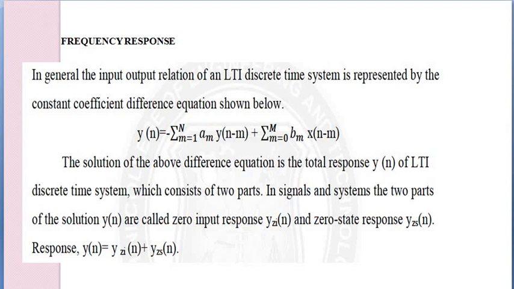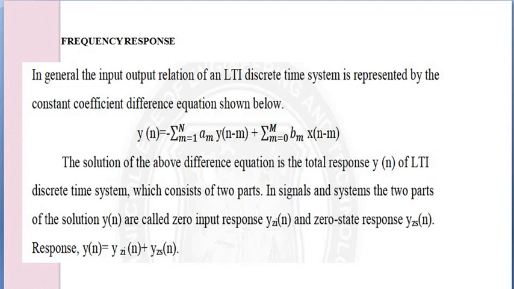Frequency response. In general, the input-output relation of an LTI discrete time system is represented by a constant coefficient difference equation, that is y(n) equal to minus summation m equal to 1 to N of a_m y(n minus m) plus summation m equal to 0 to M of b_m x(n minus m).